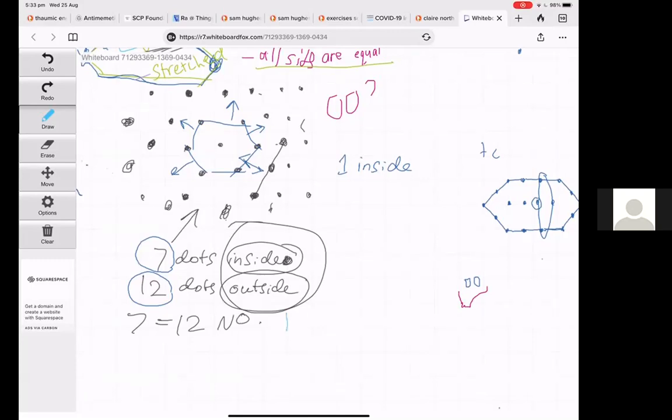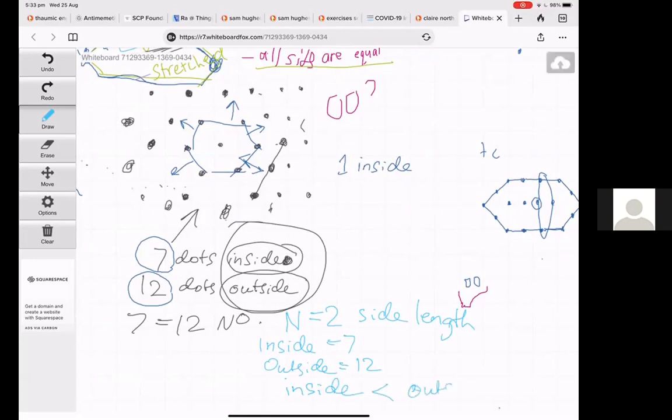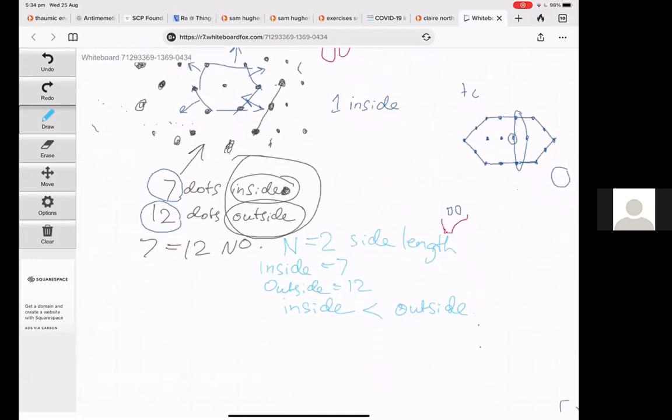When the side length has 2 dots, then the inside is 7 and the outside is 12. So the inside has fewer dots than the outside. Does that make sense? Yeah.